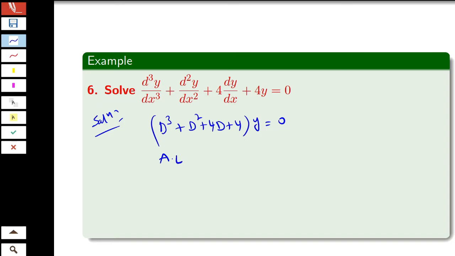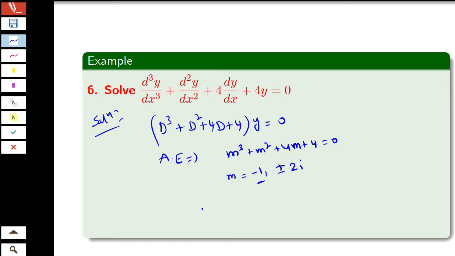The auxiliary equation implies m cube minus m square plus 4m plus 4 equal to 0. If you have a calc, then go through it and you will get the roots, or you can watch one of my videos related to how to get roots using calc. So here you will get m equal to minus 1, comma, plus or minus 2i, 3 roots. It is a third order differential equation, so you will get 3 roots.